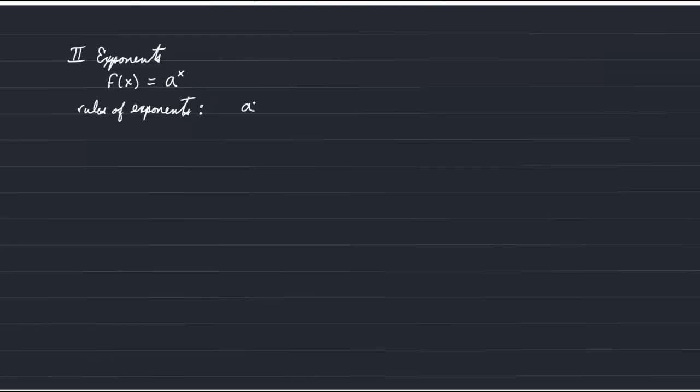So if we have a raised to the x power multiplied by a raised to the y power, then that product is equal to, or can be expressed as, a raised to the x plus y power. Right? And an easy way to understand that is, for example, let's say x is equal to 3, y is equal to 2.